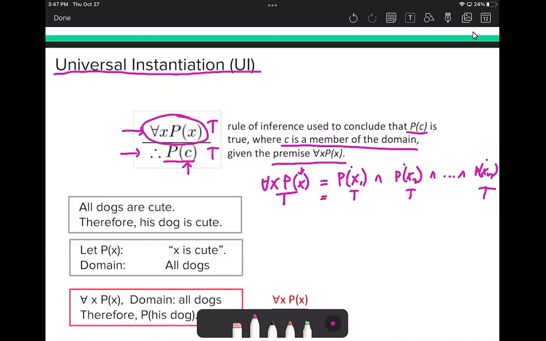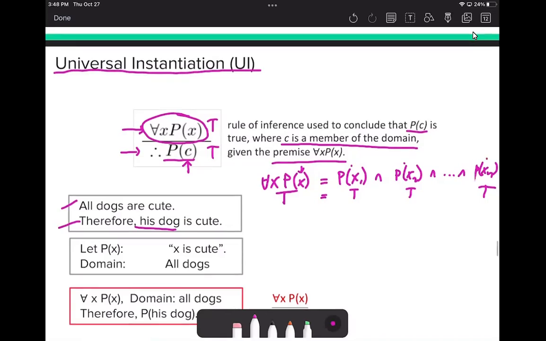Okay, so suppose we have the statement, all dogs are cute, therefore his dog is cute. Again, we can convert it into its argument form, using propositional variables. So let p of x be x is cute, wherein x belongs to the domain all dogs.